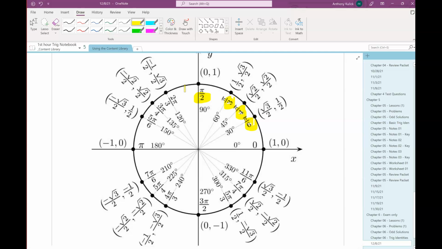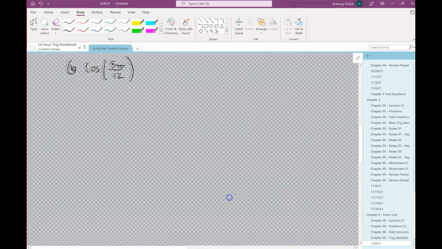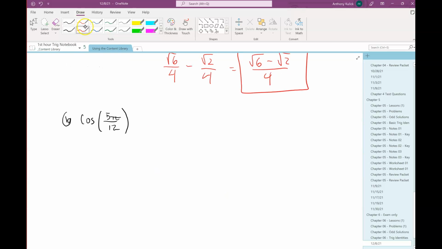Both fractions need to reduce. And the only ways that 12 is going to reduce is to give me a denominator of 2, 3, 4, or 6. I can't get it to reduce another way. So I'm going to be good at that point. Is everybody okay with that idea? So I'm going to look at 5 pi over 12.